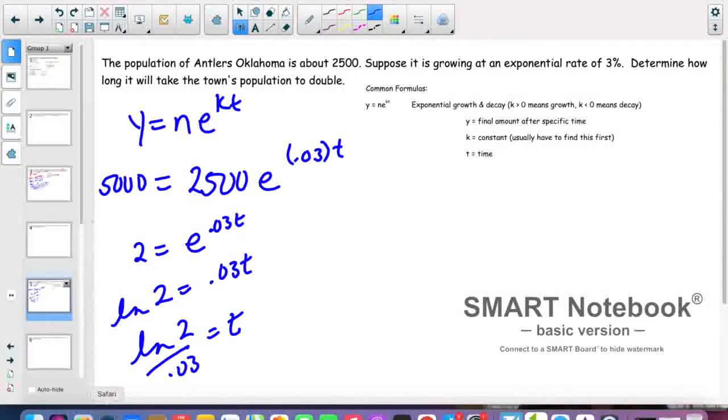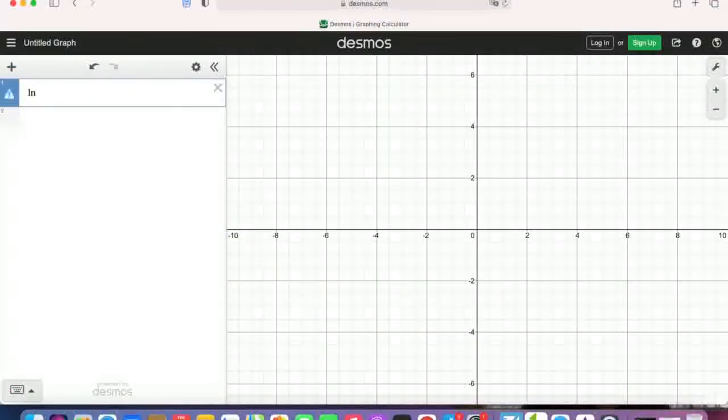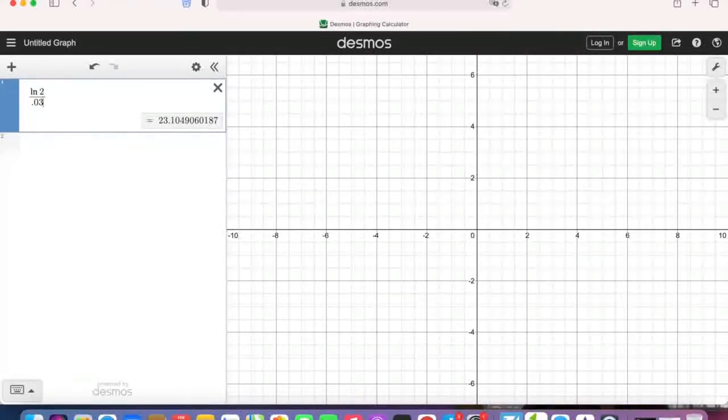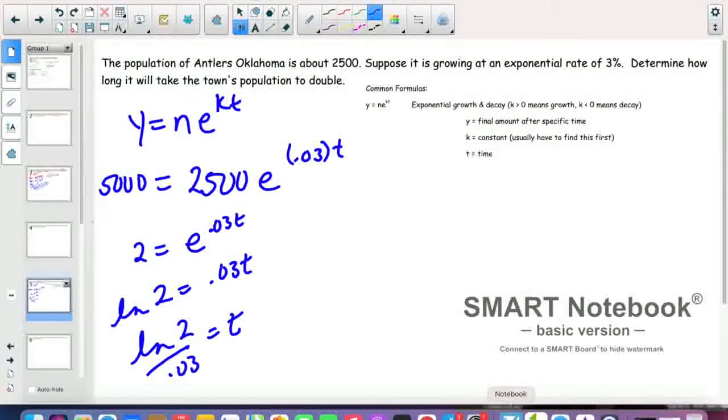I will go back into Desmos. So I would have natural log of 2 divided by the 0.03. And that gives me 23.105 when I round it. And I think it's asking me how many years before my population doubles. So that would be approximately 23 years.